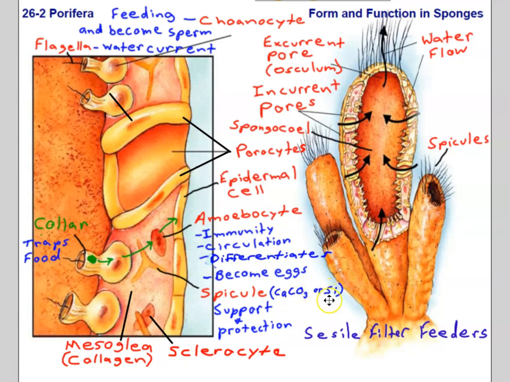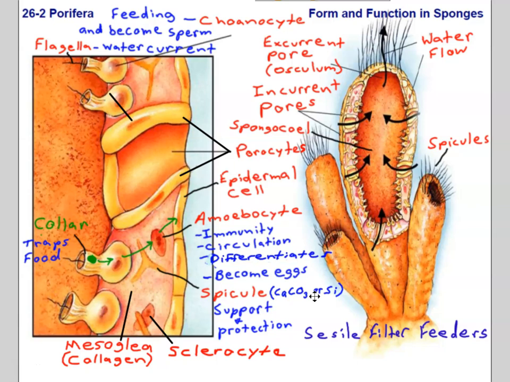And silica is basically sand. Sand is silica. So both of these compounds, well, calcium carbonate is a compound, silica, I believe, would be elemental. But anyway, both of them are readily available in the ocean in aquatic environments, and that's where sponges live. There are freshwater sponges, but most of them are marine.